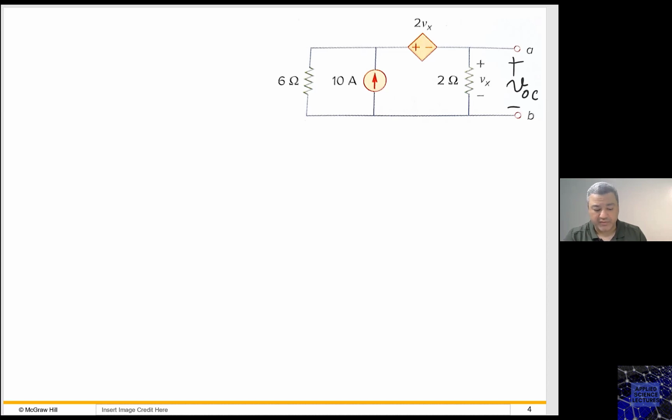If you think about it, VOC is Vx. So I can say that VOC equals Vx, and this is my open circuit. I am calculating now the voltage at the output of the circuit.